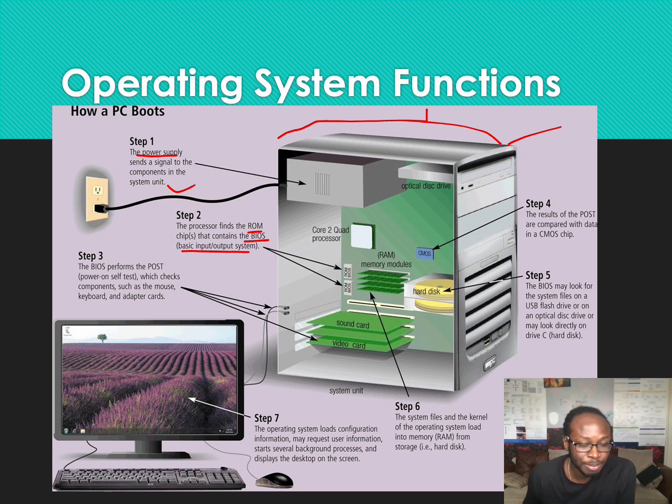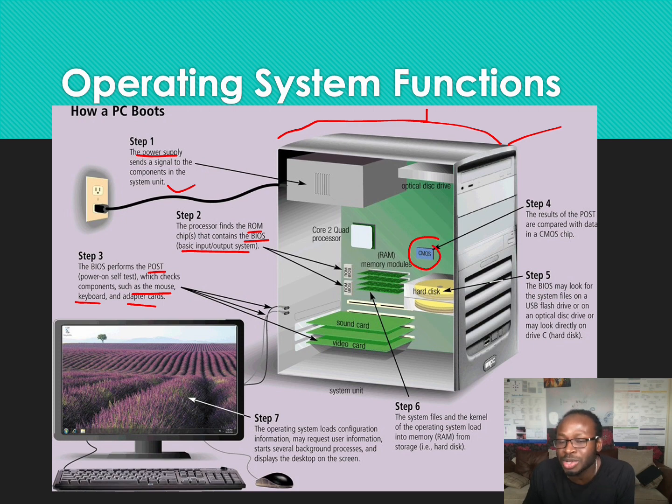Then step 3, the BIOS will perform something called POST, which is power-on self-test. It's like self-diagnostics to check some basic components. These components include, do you have a mouse? Do you have a keyboard? Or are the adapters working properly? And how would it know that? It compares it with the content of a CMOS.